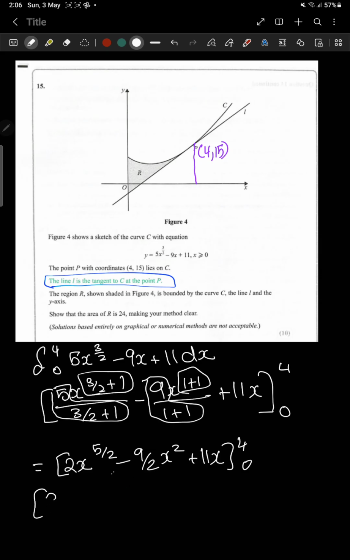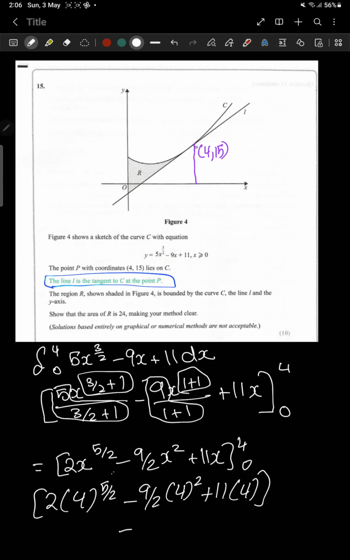Now over here, let's substitute the upper limit. And now let's subtract the lower limit, for the area of this part over here.